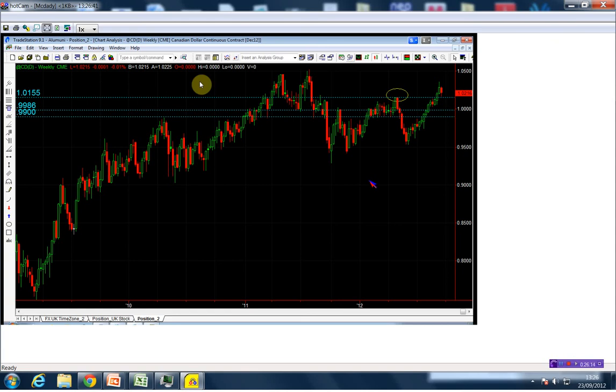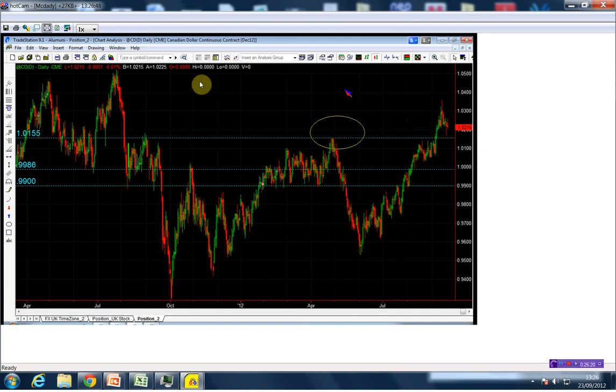This is still a buy signal, and our bias in the Canadian would be still to the upside. So we're looking for the Canadian to be strong, and unless it comes below the 101.55, we are not particularly going to sell. So we're going to be slightly neutral to negative, or negative to neutral, if you will, on the CAD.